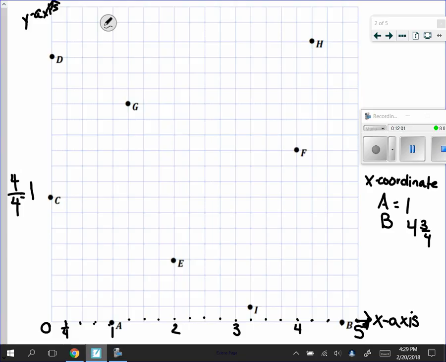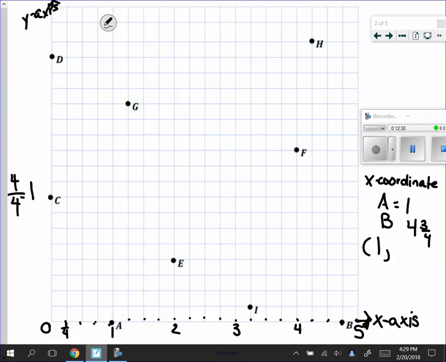So if we were going to write this as an ordered pair, or a coordinate pair, since it doesn't go up at all, what would be the y coordinate of A? If it's an x of 1, does it go up?